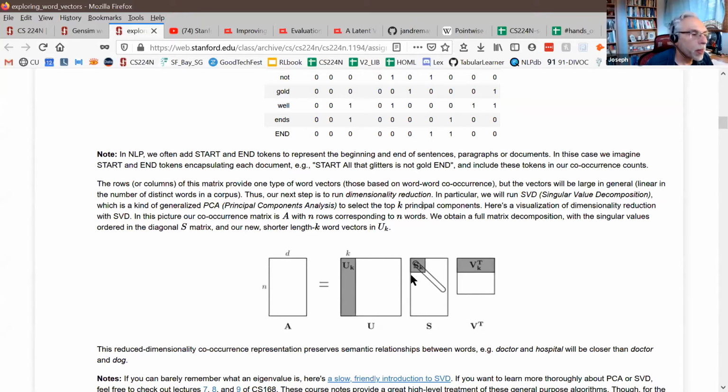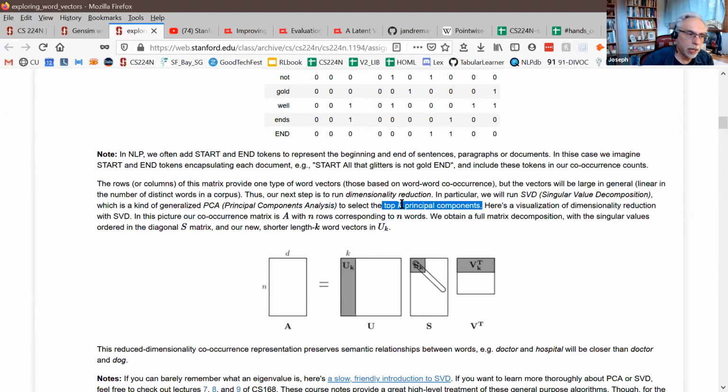In general, this method starts with an n by n matrix, and all of these matrices would be n by n. But usually the principal components method is designed to reduce dimensionality, so you generally want to just take the top k, where k is a much smaller number than n.